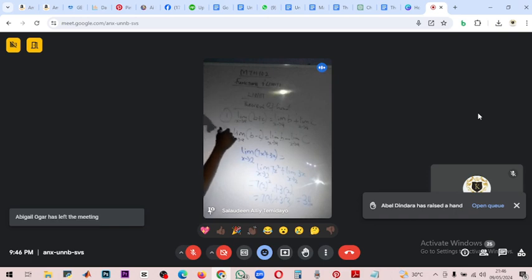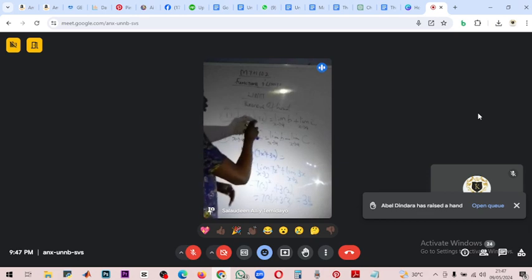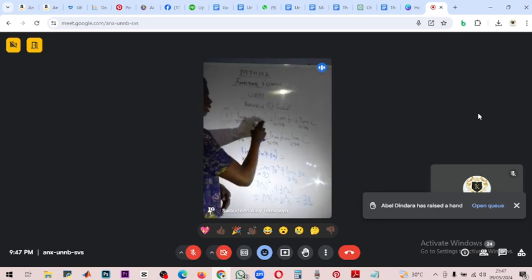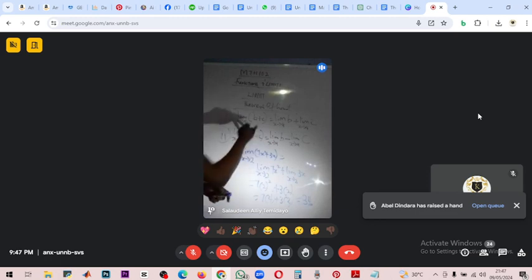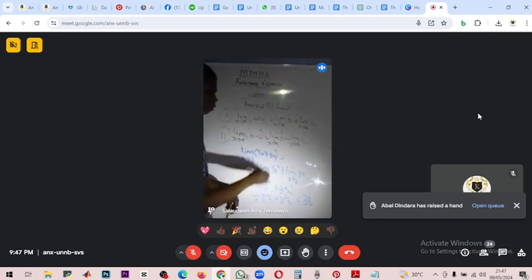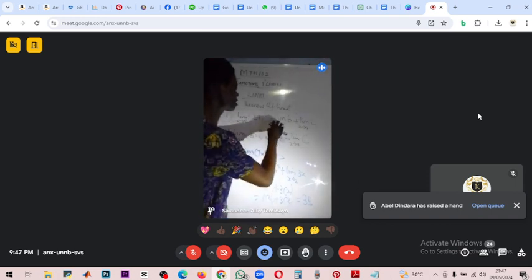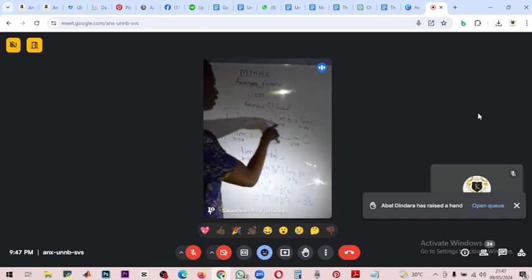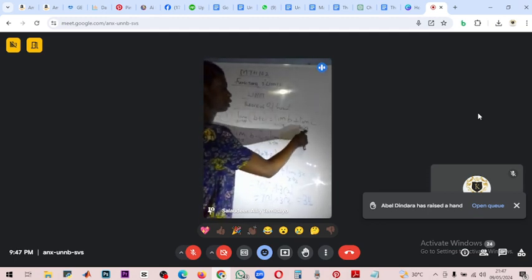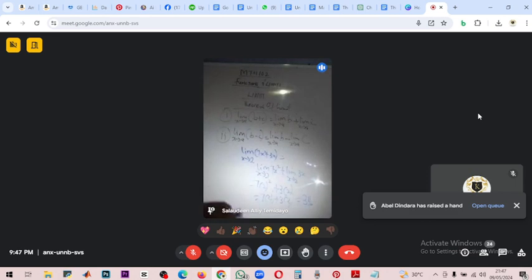The rule is that the limit as x approaches a for the function b plus c, the sum of two different functions, can be written as the limit of b as x approaches a plus the limit of c as x approaches a. That's what we are doing here.